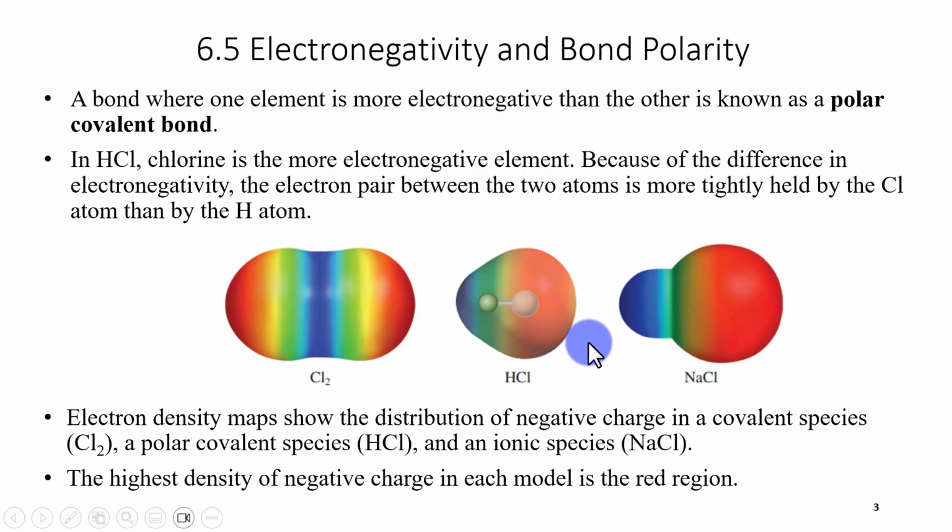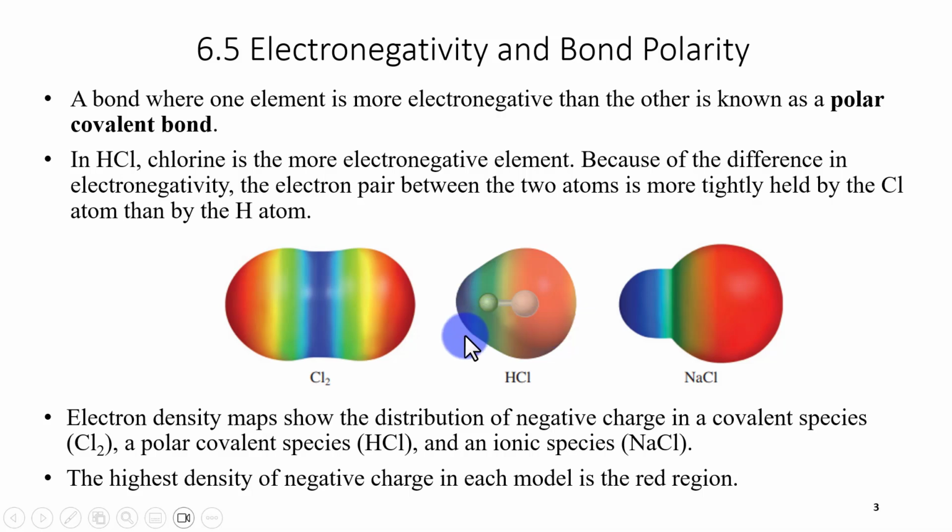And therefore, if I'm looking at the distribution of an electron density map, where the red shows me the negative charge and the blue shows positive charge, you can see that the negative charge is going to be concentrated on the chlorine side and the positive charge on the hydrogen side.